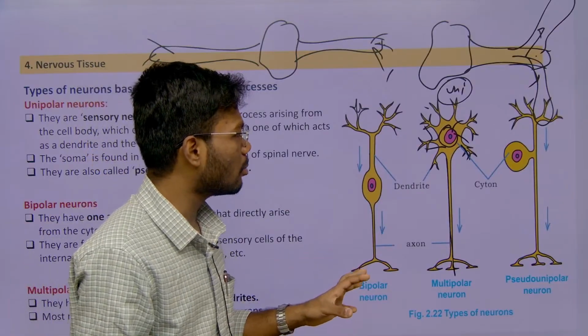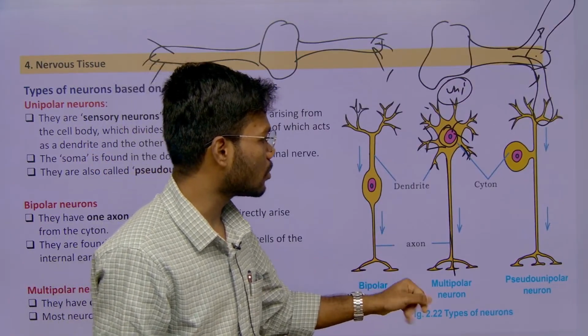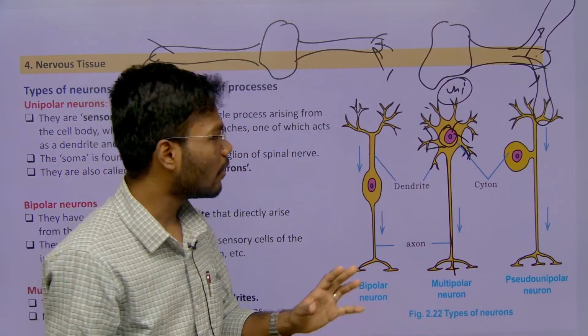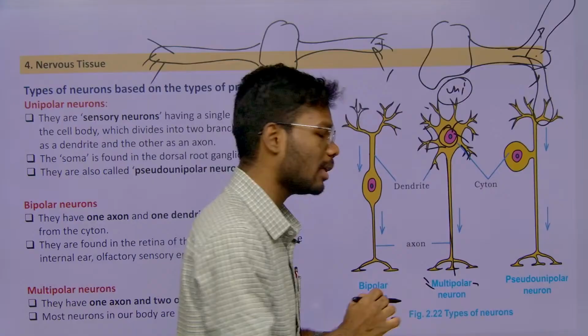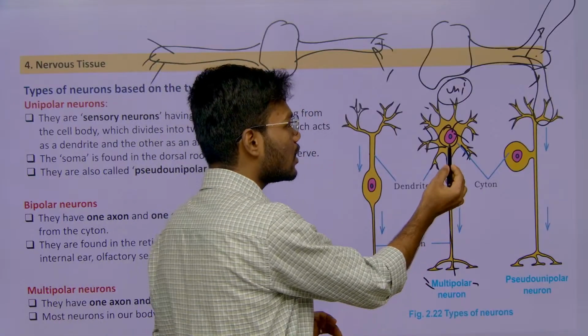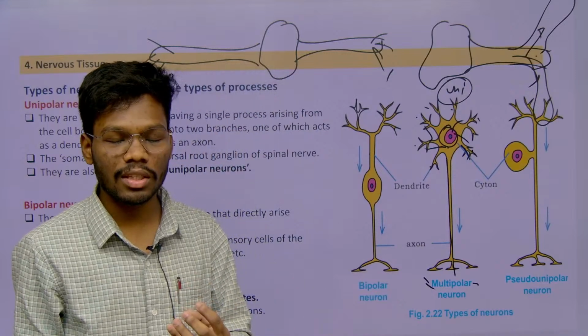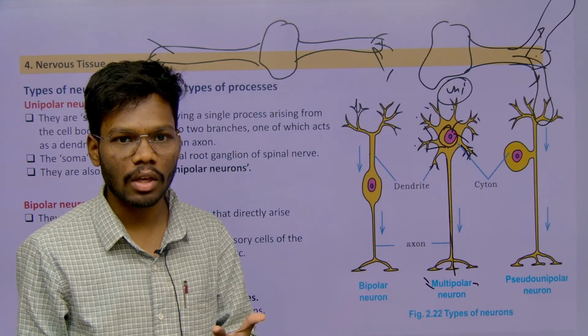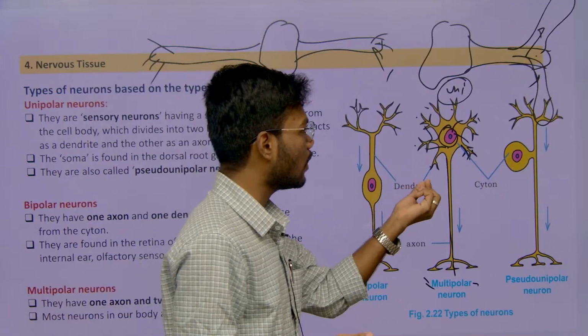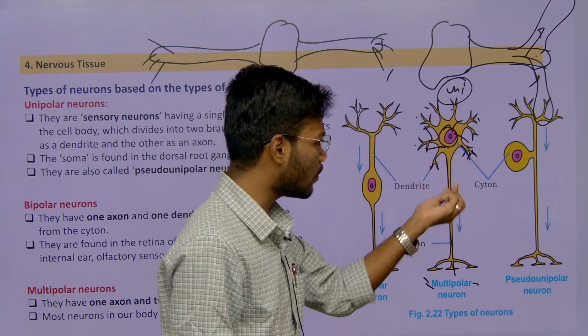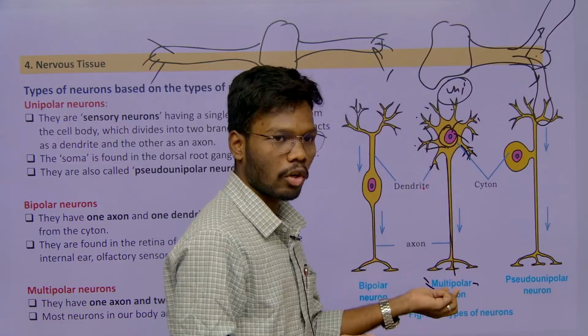Here you need to remember where these bipolar, multipolar and pseudo unipolar neurons are located, right? For example, to remember the multipolar neuron, if you see the cell body having many dendrites, it is receiving many signals simultaneously from different areas and transferring them along the axon.